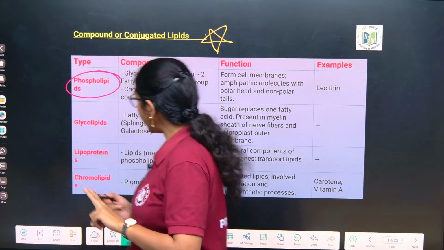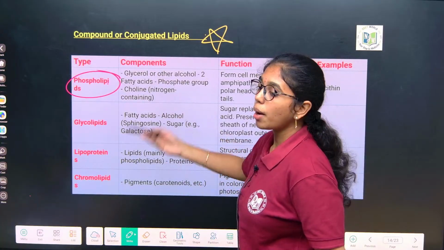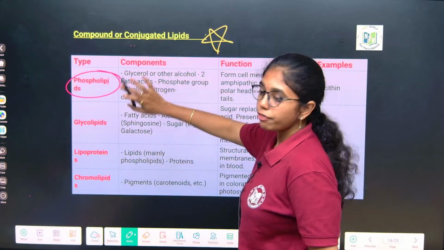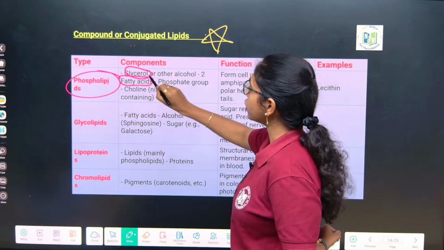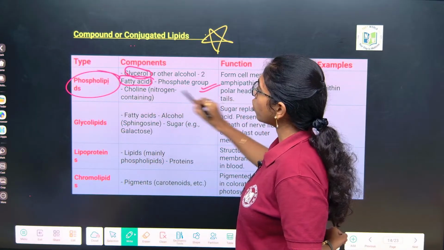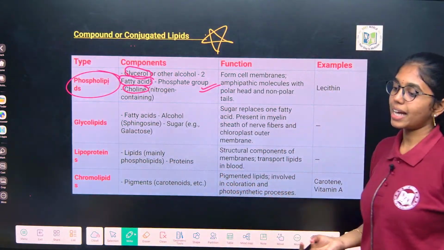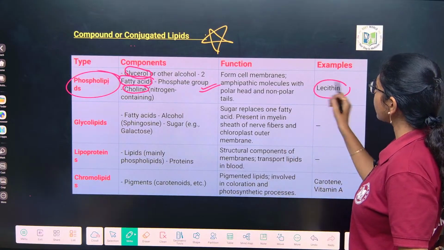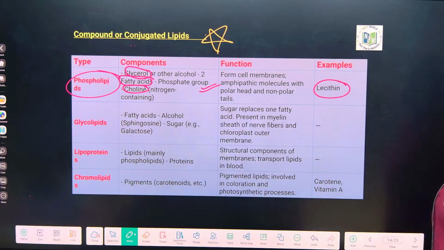But here, including fatty acids and glycerol, other components are also present. That is why they are called compound lipids. Phospholipids, along with glycerol and fatty acids, also have a phosphate group and choline. The best example is lecithin.